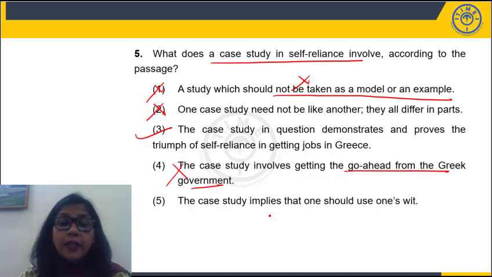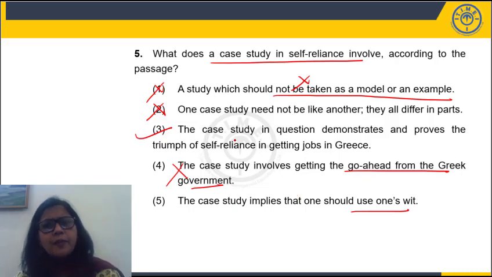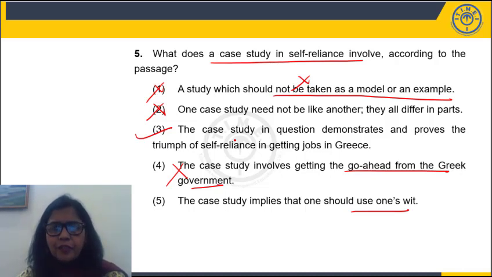The case study implies that one should use one's wit to do what? So this is very general, whereas the case study is very specific about how she was able to build her life as a refugee, right? So 5th question, 3rd option is the answer.